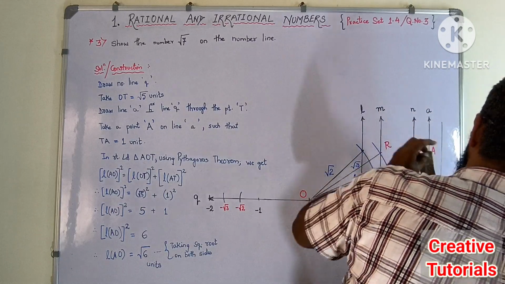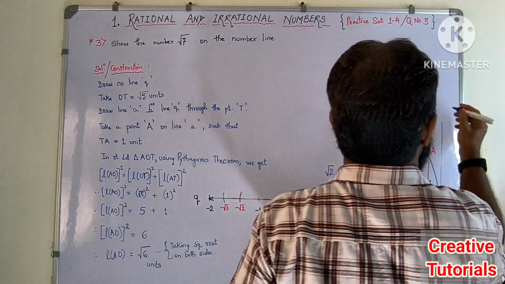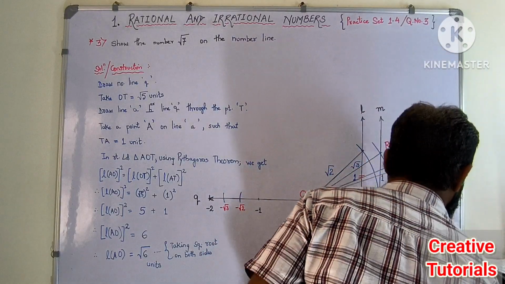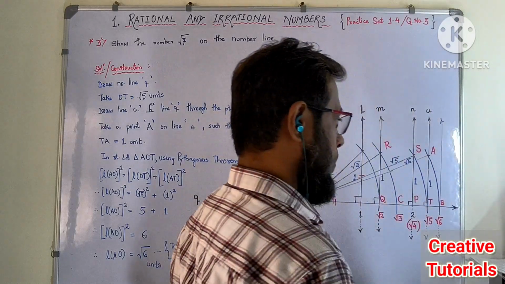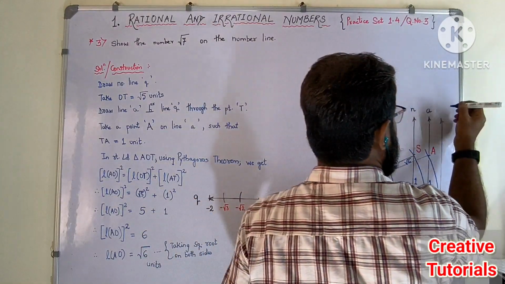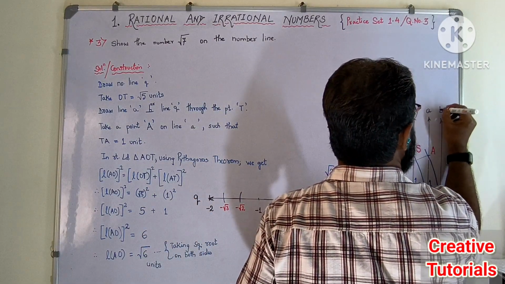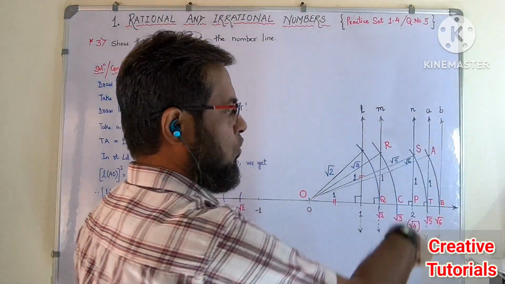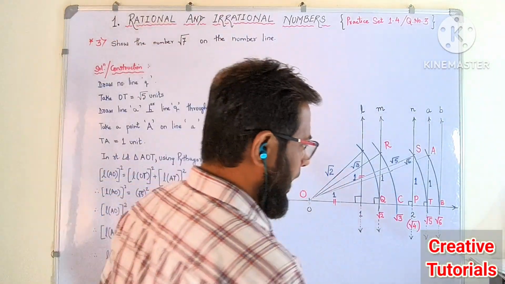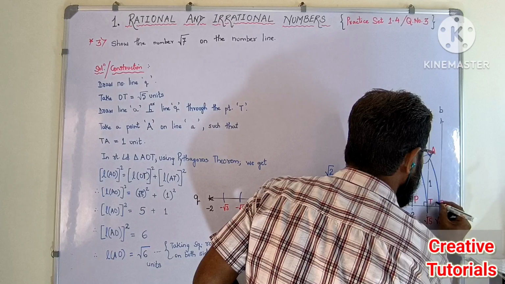Alright, so this is my perpendicular ready in front of me. Since I have taken small a over here, let us take this as small b, and this is the perpendicular.